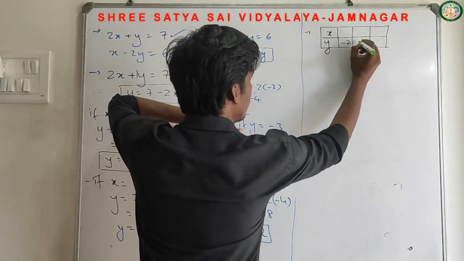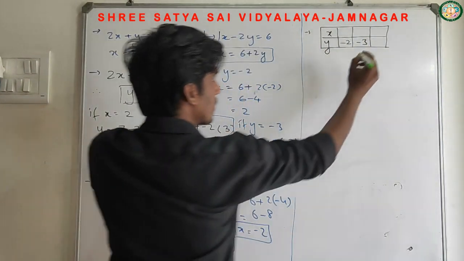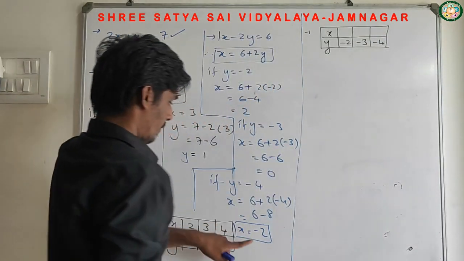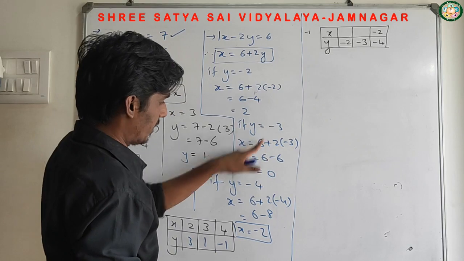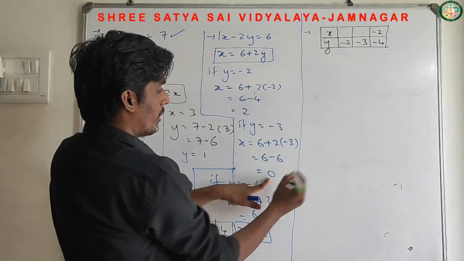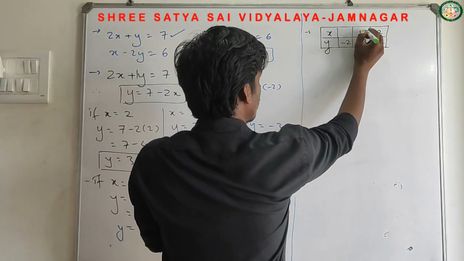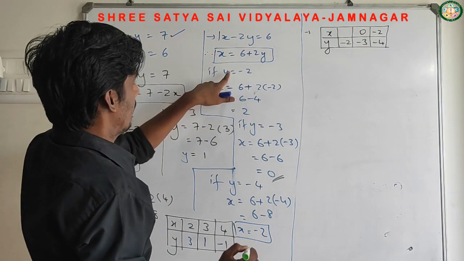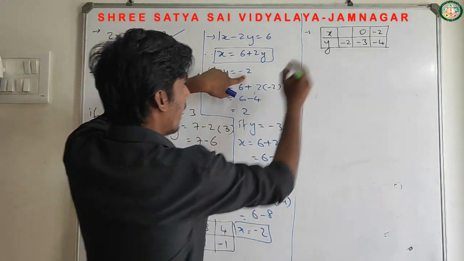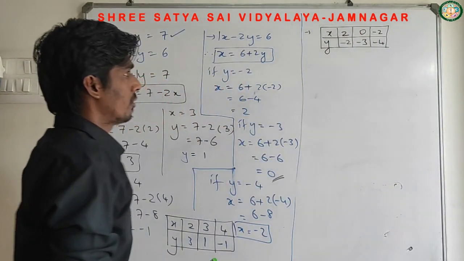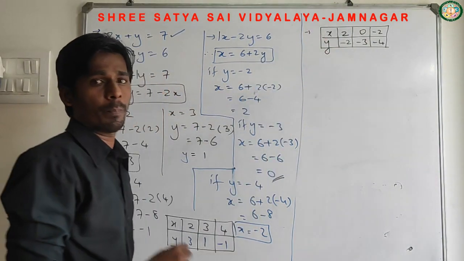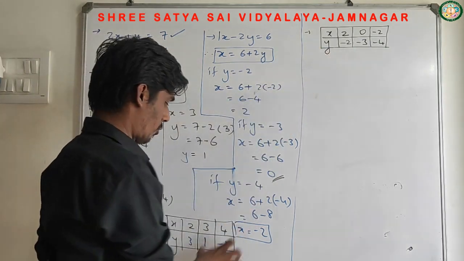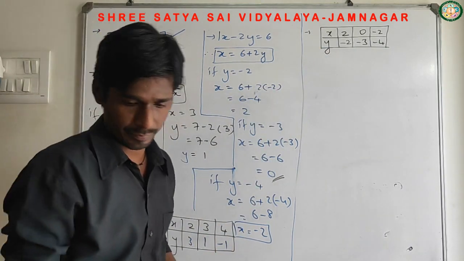Y is minus 3. Then y is minus 4. Then x equals minus 2. When I took minus 3, it's 0. And when I took y equals minus 2, I got positive 2. So this is the way I got another table. Now I got both the tables. Now I have to plot these coordinates on the graph.